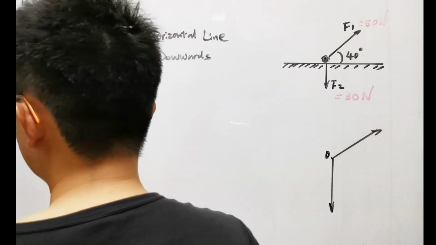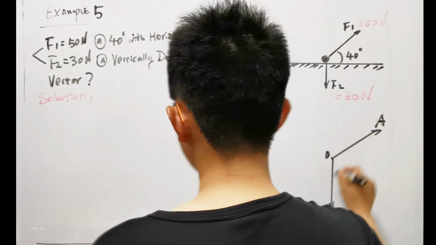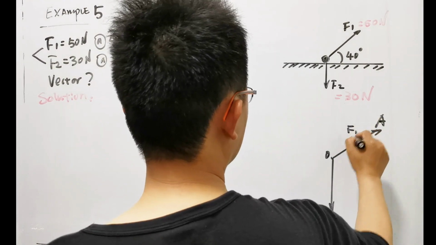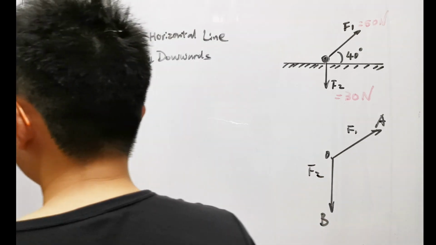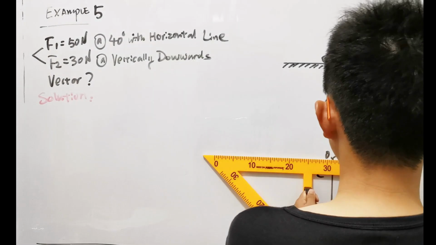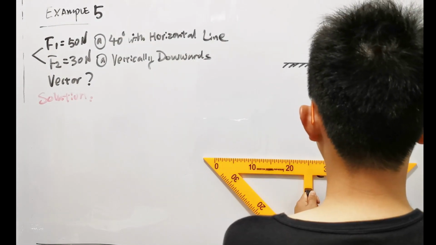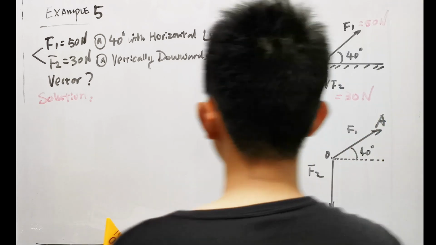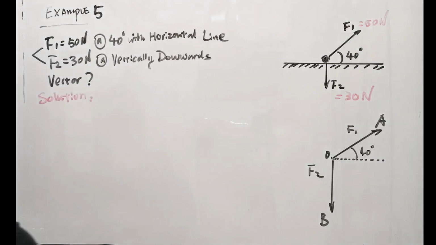Then we have one direction, let's say this is A, and the other one is B. So this is F1, and this is F2, right? So there is an angle here, 40 degrees.